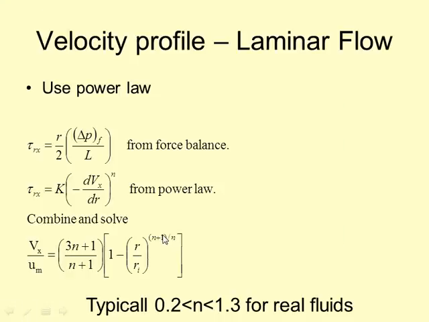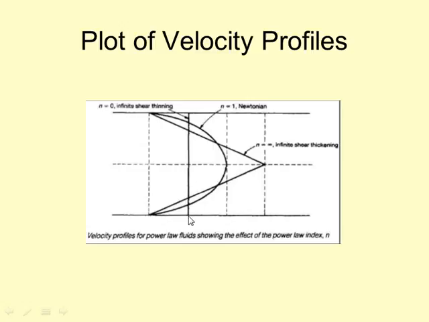As n gets very small, this approaches 0, so 1 over 0 becomes very big. Therefore this whole thing, because this is a fraction, becomes very small, and it becomes like a straight line. So for Newtonian flow you expect parabolic, and for large n, shear thickening, and very small n, shear thinning, you get a straight line. So you get a velocity profile somewhere in between.